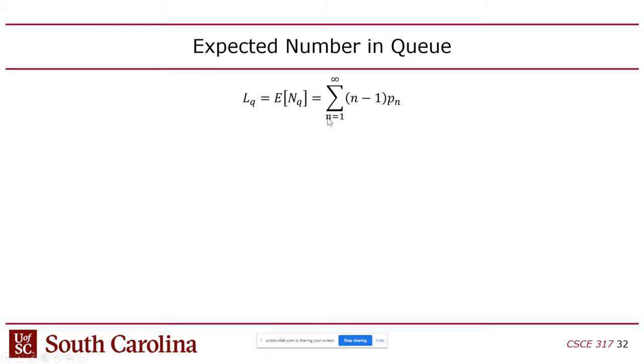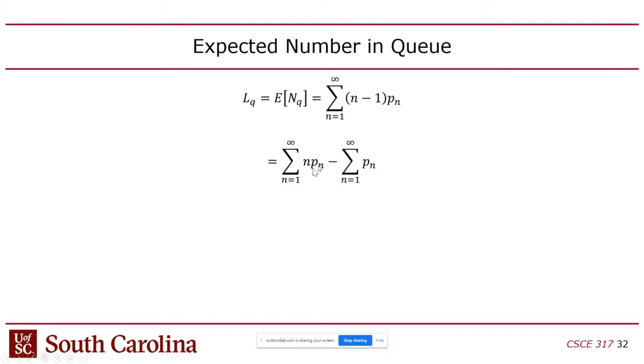This is the summation of n equals 1 to infinity, and this is another weighted average, except in this case the value I multiply against the probabilities is n minus 1, because I'm assuming that one customer is always being serviced. So n minus 1 is the number in the queue. That's why I'm weighting P sub n times n minus 1.